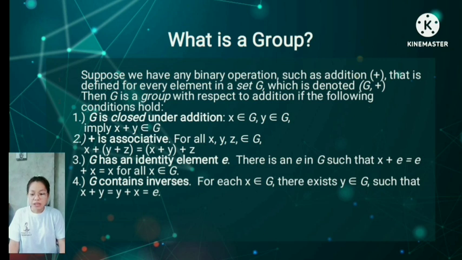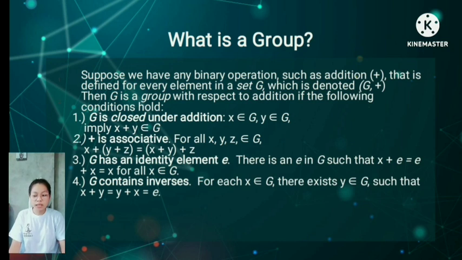Number 3, G has an identity element e. There is an e in G such that x + e = e + x = x for all x in G. Number 4, G contains inverses.